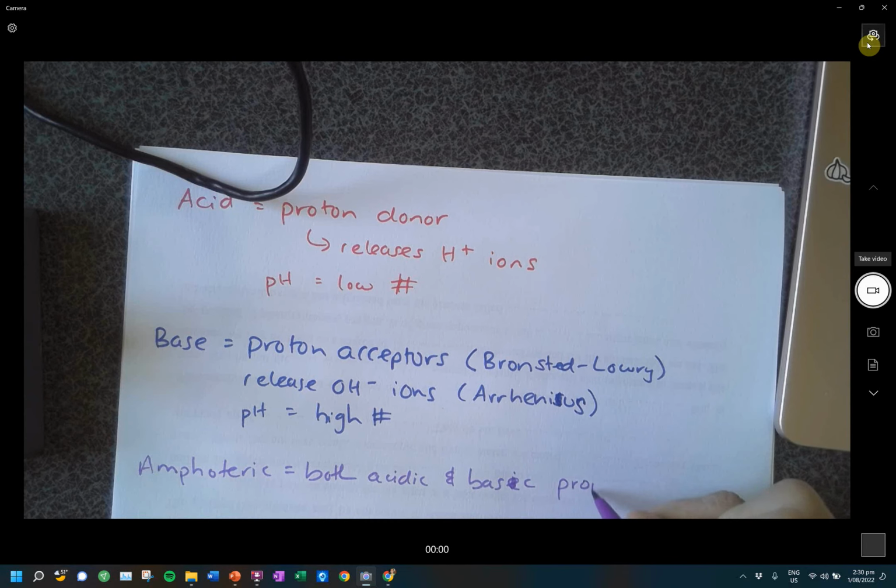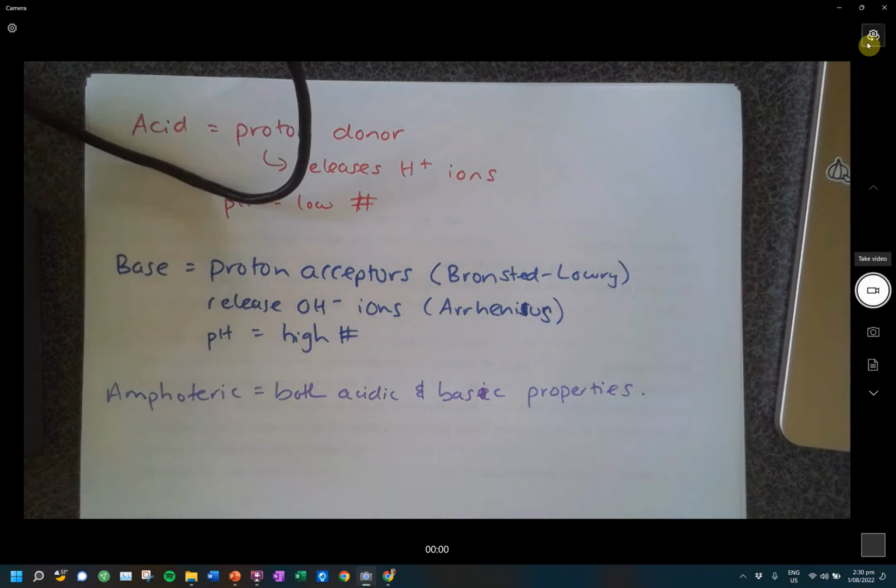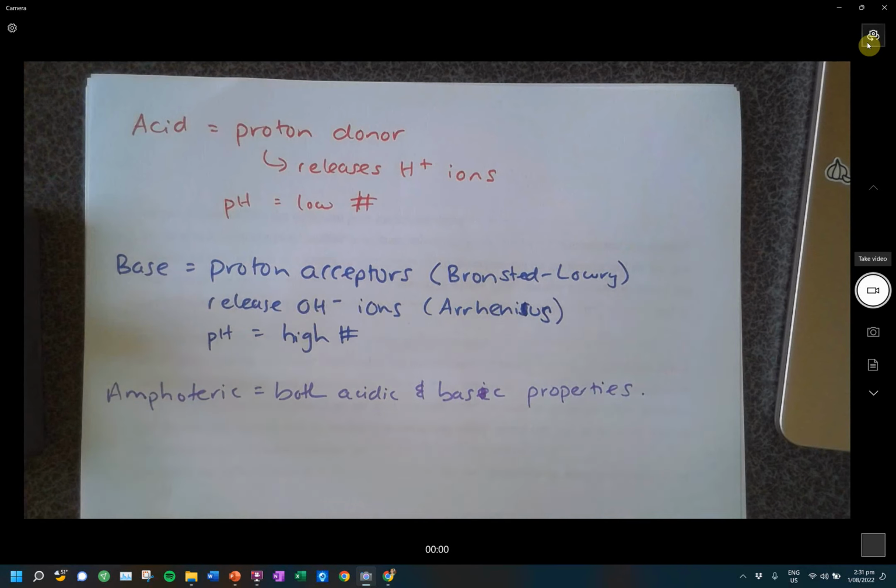Can you guys think of one that's like that? You guys have learned a molecule that is amphoteric. Water, yeah, because it can be both a proton donor and acceptor. There's another one. You learned about inorganic.